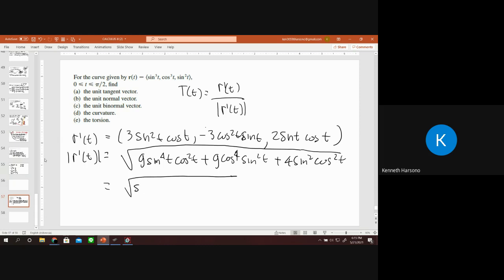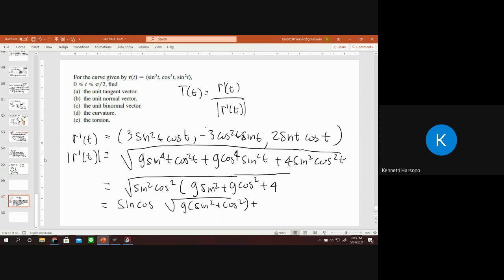So sin squared cos squared multiplied by 9 sin squared plus 9 cos squared plus 4, and this we can move out: sin t cos t square root of 9 (sin squared plus cos squared) plus 4. This just becomes 1, right? Sin squared plus cos squared. So this one just becomes sin t cos t times the square root of 13.